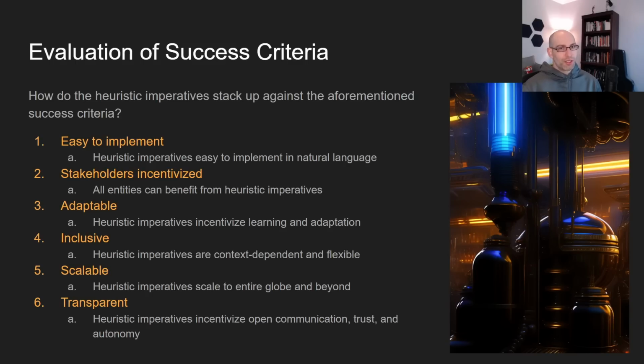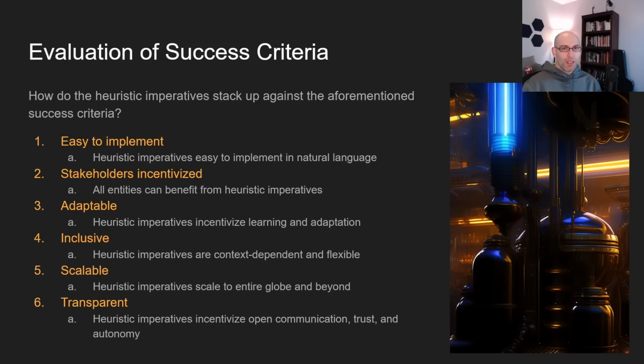Number 3, the heuristic imperatives are adaptable, because they intrinsically incentivize learning and adaptation with the third heuristic imperative of increase understanding. This is what I also call the curiosity function. So basically, you don't want an AGI to be dumb and just satisfied with what it knows about the universe. You also don't want it to be satisfied with human ignorance.